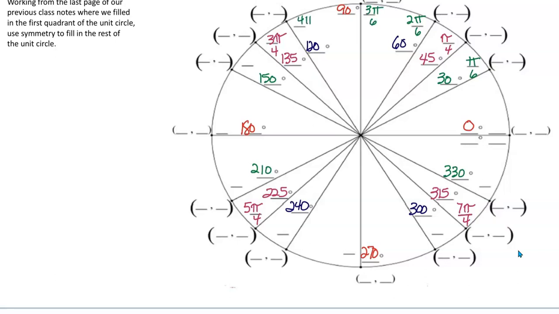Here's 4 pi over 6, 5 pi over 6, 6 pi over 6, 7 pi over 6, 8 pi over 6, 9 pi over 6, 10 pi over 6, and 11 pi over 6. And this is going to be 12 pi over 6.